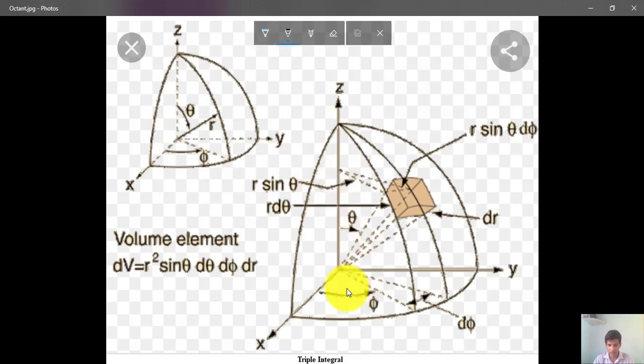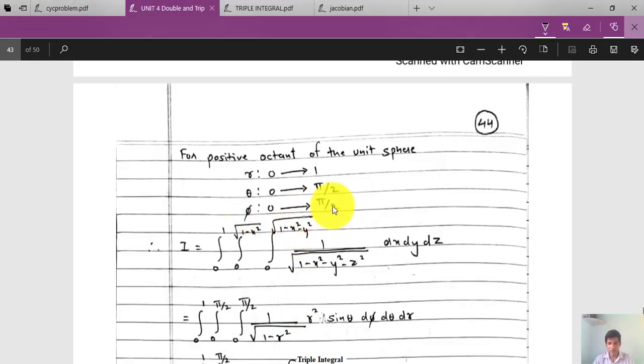If you take the z axis, suppose this is phi, it is coming like this, making an angle from 0 to pi by 2, moving till here. So what will be the angle formed here? It is pi by 2, and it will trace all the points on this particular octant. That is the reason phi is 0 to pi by 2.